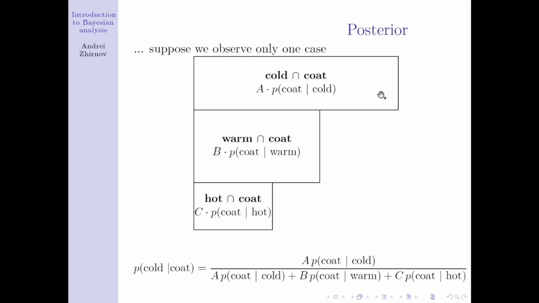Now, the share of that top segment, the event that it is cold outside and the person is wearing a coat, in the total area of this funny looking picture is the posterior probability of it being cold outside. This is what we should believe is the probability that it is cold outside once we have observed a person wearing a coat.